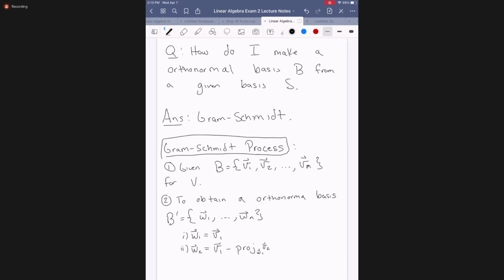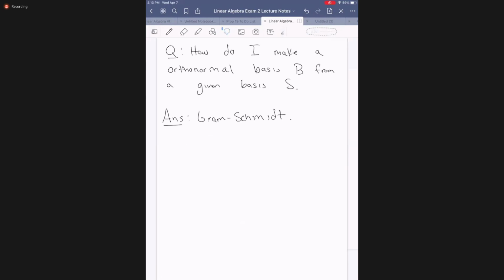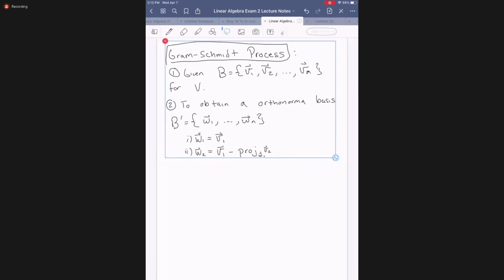Okay, so let me take all this and put it over here because I'm going to need more space. Okay, so that's your W2. I guess I should say more orthogonal.